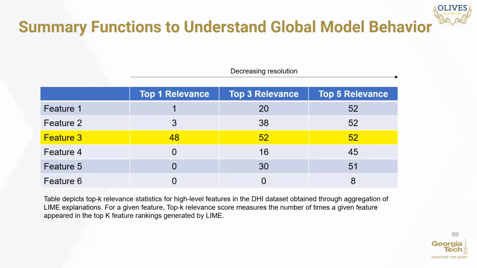And then by looking at the individual explanations for all of the different points in the test set and aggregating this metric for different features, we get this kind of a table where feature 3 is coming out on top in terms of being very important in making a decision on a prospect, followed by feature 2 that ranks second, followed by feature 1 and 4 and 5 and so on and so forth.